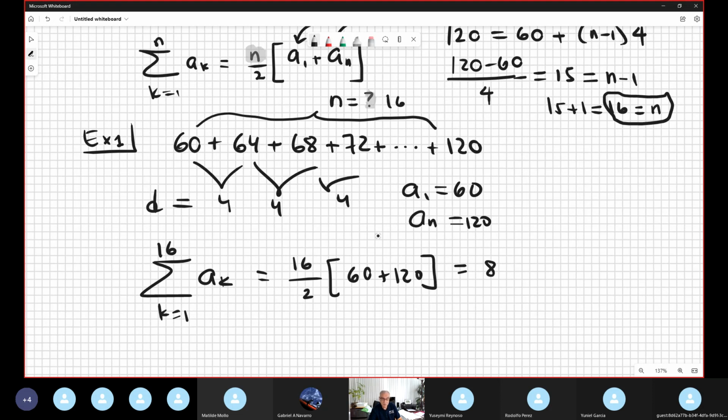This is 8, 16 divided by 2 is 8, and this is 180, no? The multiplication, let me see in the calculator, 180 times 8, yeah, 1,440.